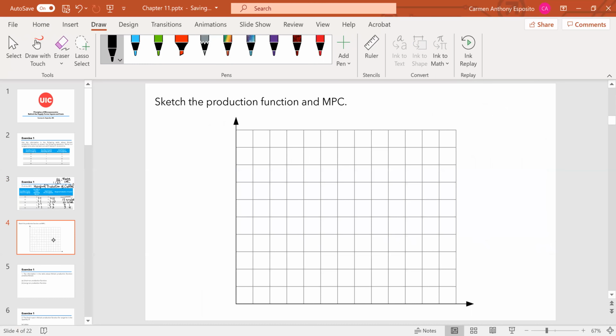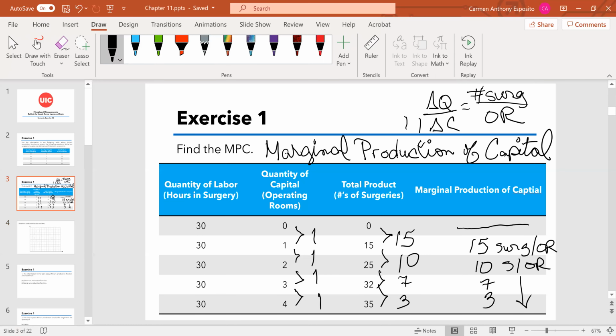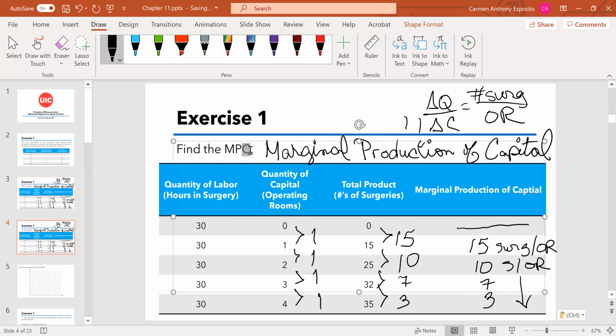Next, let's sketch the production function and the MPC. Before I go on, what do you think the marginal production of labor is? So imagine I took this problem. Instead of finding MPC, we found MPL.